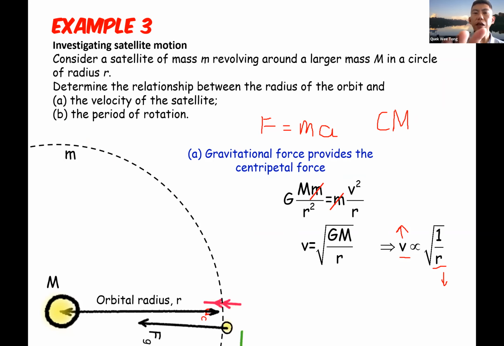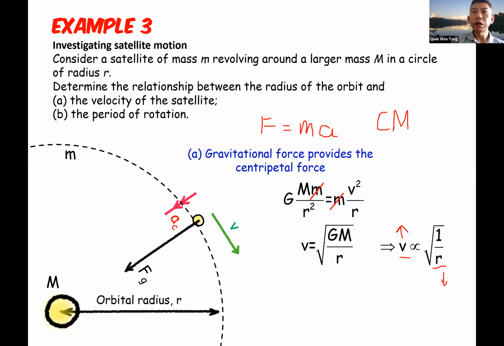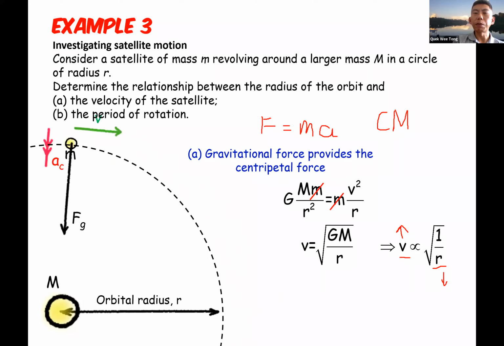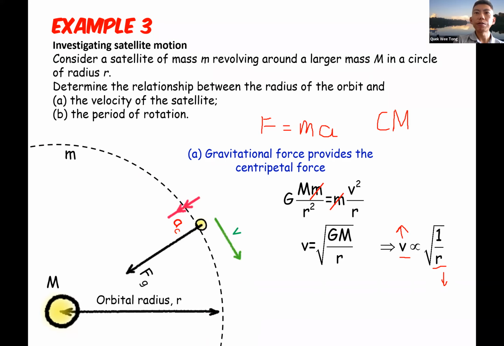So smaller radius things will have a bigger speed. And once again, take note, in this kind of operation, the m always disappears, so it has nothing to do with the mass of the object. Whether the satellite is big or small, how fast it goes depends purely on the radius. That's all.